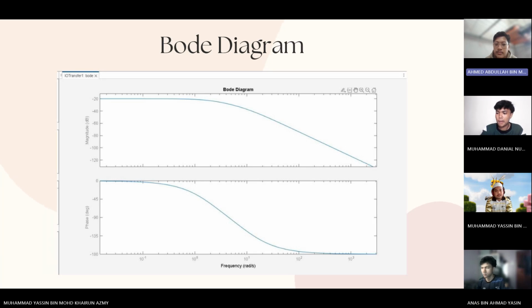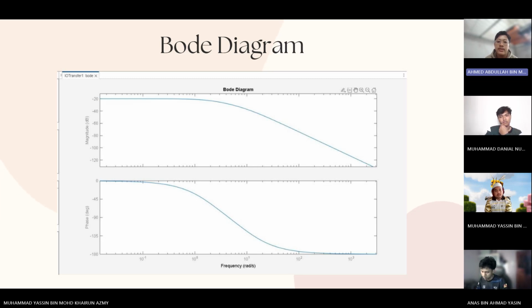For the Bode diagram, we can see that the phase starts near 0 degrees and drops down to negative 180 degrees, which is expected for a second order system. In task 2, the closed loop transfer function of the DC motor system was derived both manually and using MATLAB. The mathematical expressions were obtained by applying system equations and the feedback control principle.